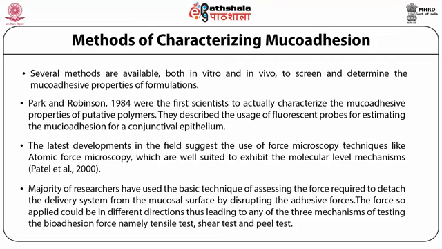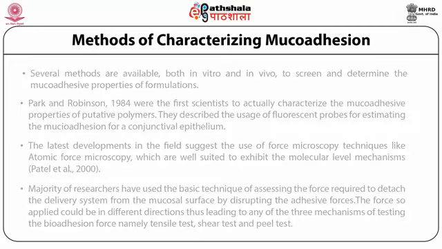The majority of researchers have used the basic technique of assessing the force required to detach the delivery system from the mucosal surface by disrupting the adhesive forces. The force so applied could be in different directions, thus leading to any of the three mechanisms of testing the bioadhesion force, namely tensile test, shear test, and peel test.